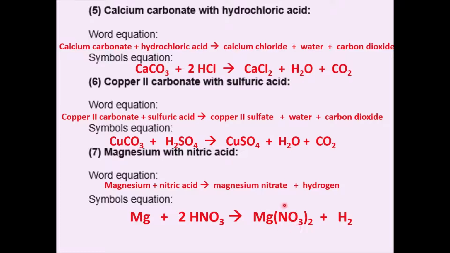So we need 2 nitrates for every magnesium: Mg(NO3)2, and hydrogen H2. Don't forget to put the 2 there. Again, a common mistake is just to put H rather than H2. There are 2 nitrates, which there is here in NO3, and 2 hydrogens, so we need a 2 in front of the HNO3.